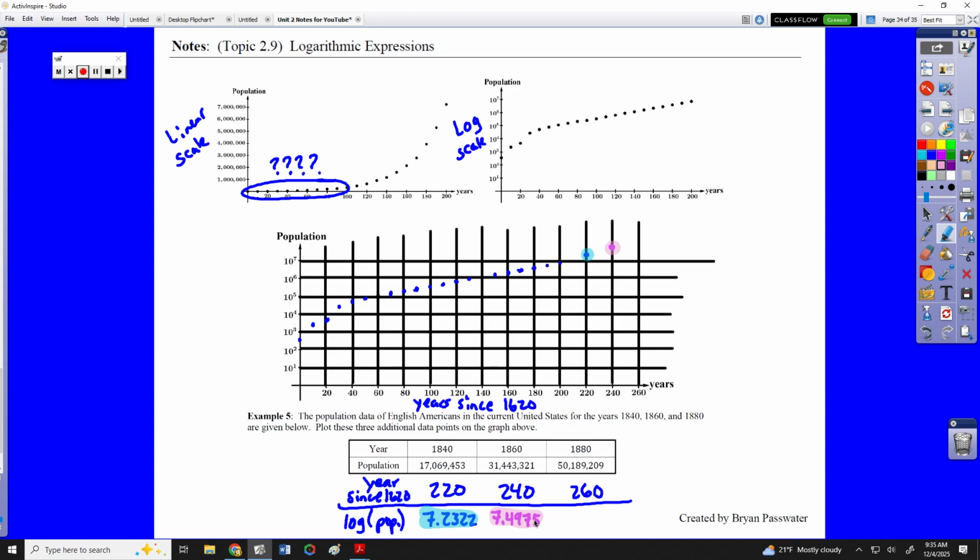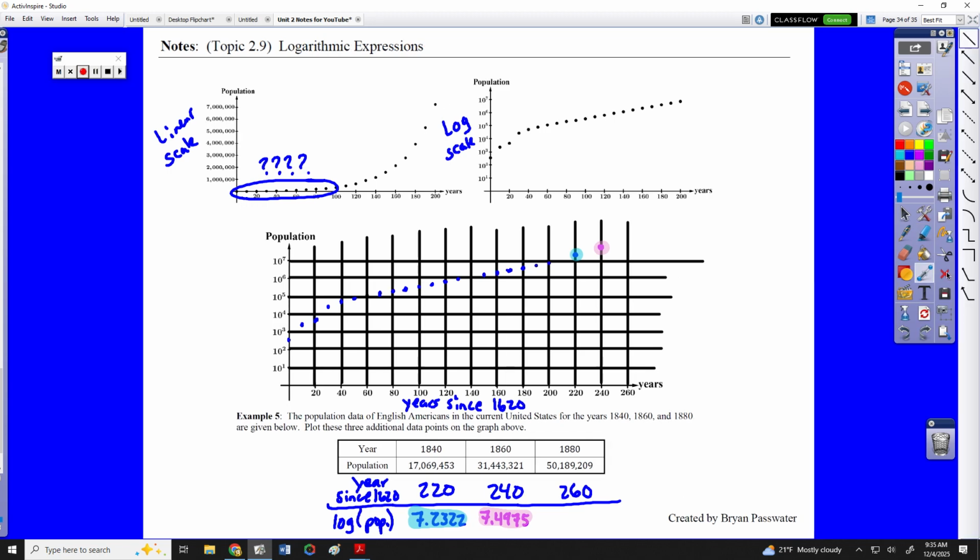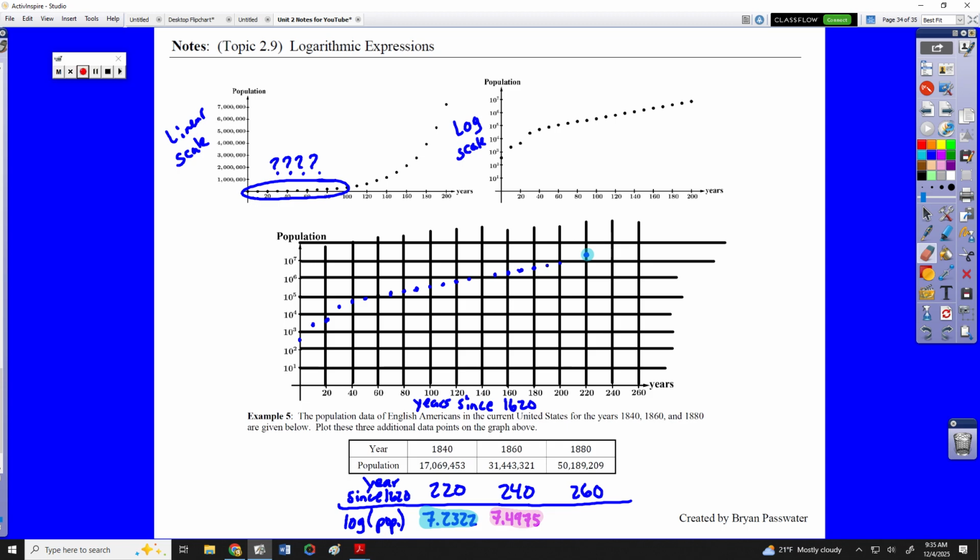Okay? It's also worth noting that we need to watch where we are in terms of our vertical height, because we do know that we have a 10 to the 8th power, okay? And really that point is probably a little bit higher than it should be. I'm going to move it down a little bit, try to get it better placed. 7.4 would be closer to 10 to the 7th than it would be to the next line, which would be 10 to the 8th power.